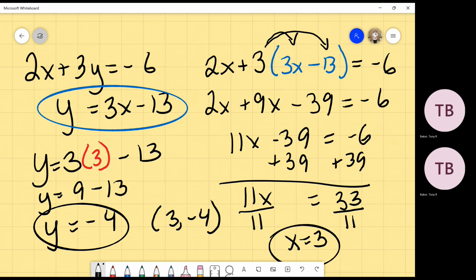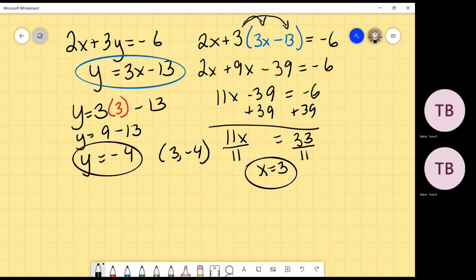If you don't like having to do more problems than you should, which everybody should like that, you can substitute the actual point back in to see if it works. You don't have to worry about the one that was solved for the letter because you used it already. You really just have to try the point in the other problem. So if I take the 2x plus 3y equals -6, I plug in the numbers.